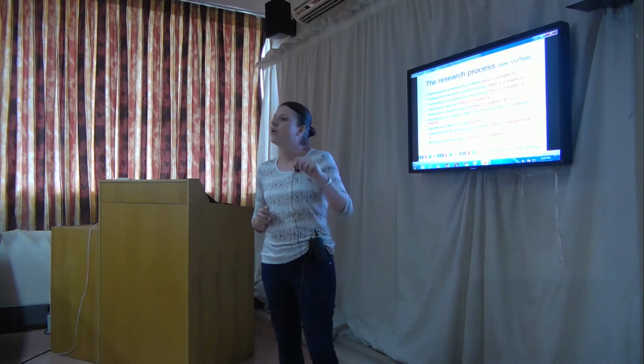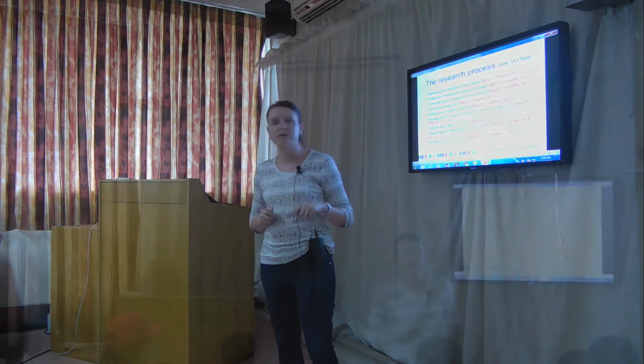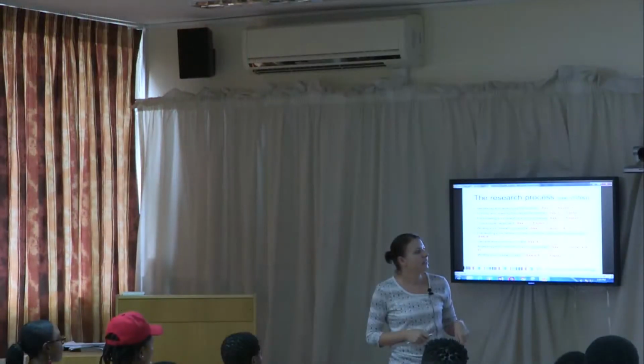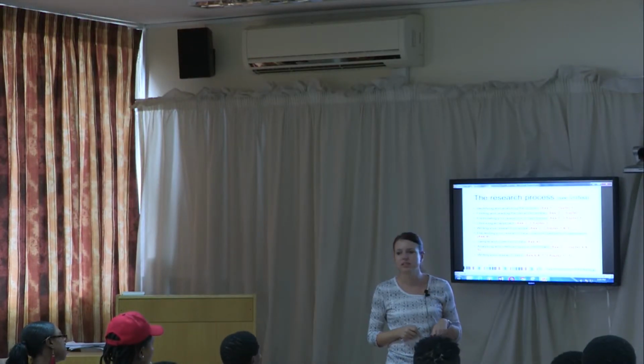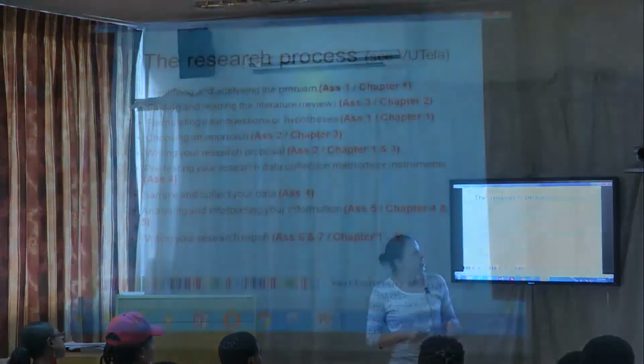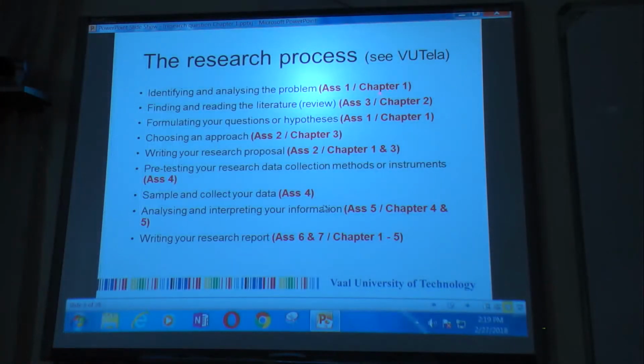And then you're going to write also about what you've read. And that is a literature review. So you are reading literature from articles and from textbooks. Now in our course, assignment 3 is going to be your literature review, okay? And that is also a step in the process. And at the end, you're going to copy and paste that into your chapter 2 of your final project, all right?